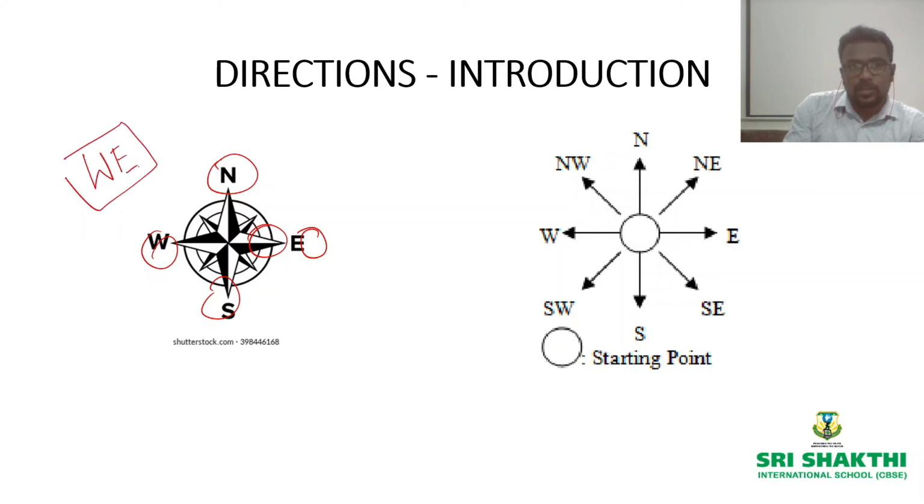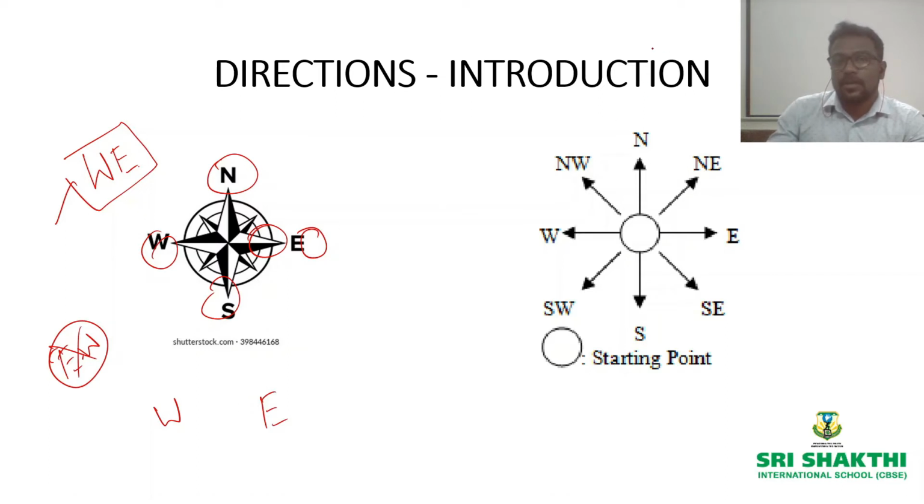With these two letters only we can frame the word. EW doesn't create a word. So you can remember WE as a word. So W comes first as west and E will come next as east. And the other sub directions are nothing but northwest, northeast, southwest, and southeast.